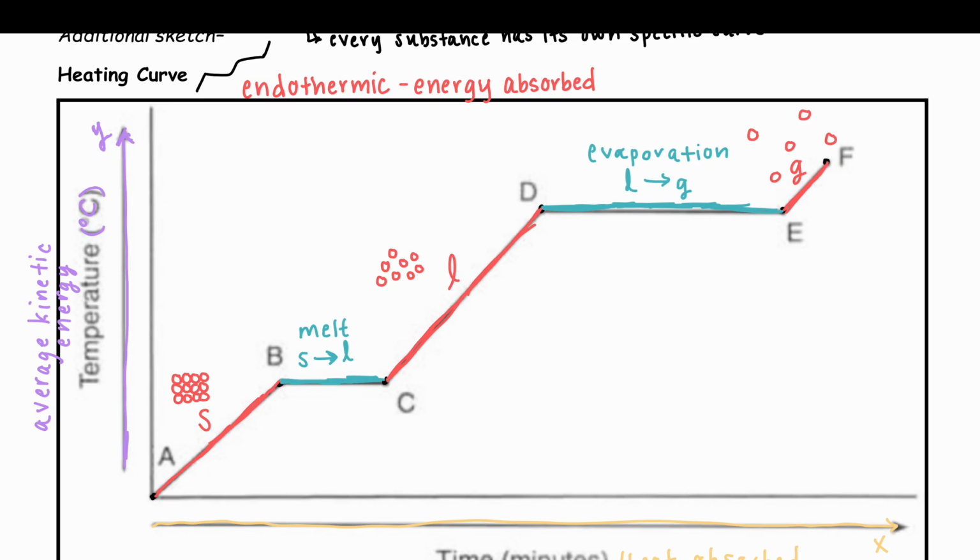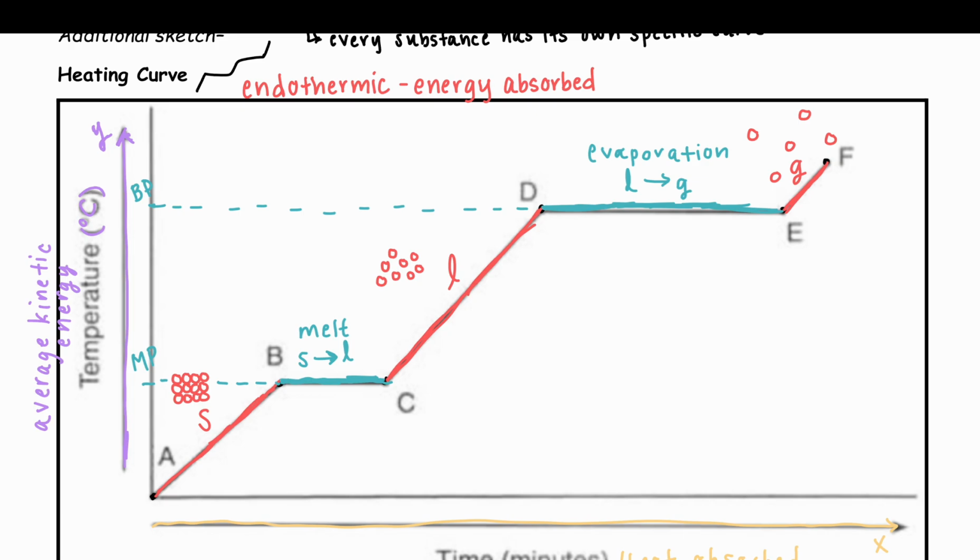Okay, notice that during these phase changes, the average kinetic energy or the temperature is staying the same. It's staying constant. So the temperature at which this substance is melting, for segment BC, could be considered the melting point, or I'm just going to write MP. And the temperature at which this DE segment stays the same represents the boiling point, or BP, or the temperature at which that substance boils.